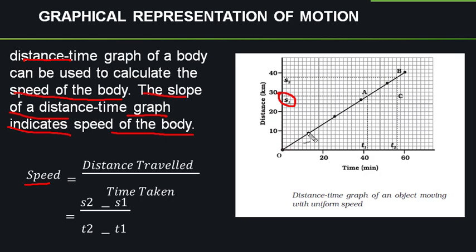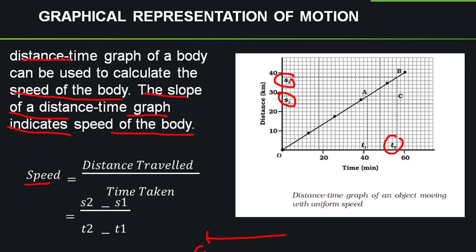So the distance traveled at time t1 is S1, and similarly the distance traveled is S2 at time t2. Now speed is basically the distance traveled divided by time taken. Remember, if you plot this point on the y-axis, it gives you the distance.